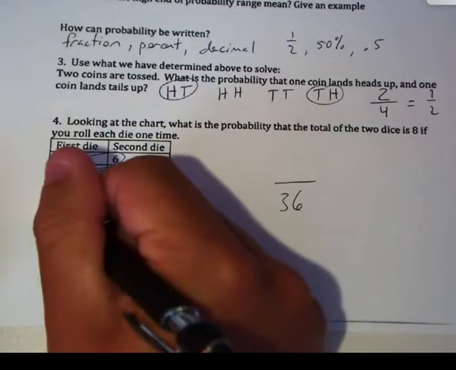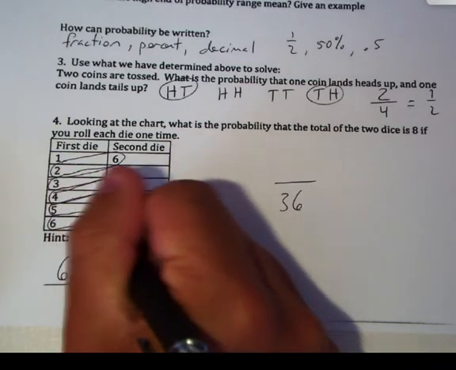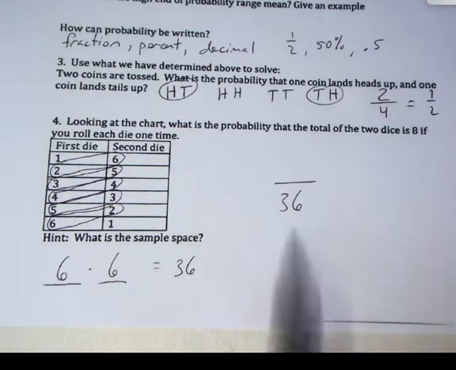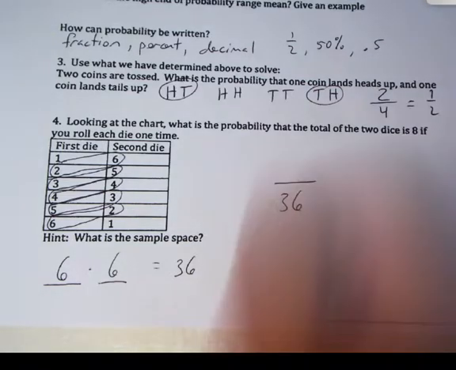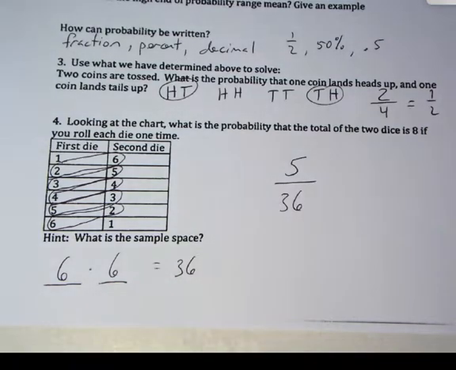I could get a 5 and then a 3. I could get a 6 and then a 2. So out of those 36 possible outcomes, 5 of them give me an 8. So to get a total of 8, we have a 5 in 36 chance of getting an 8.